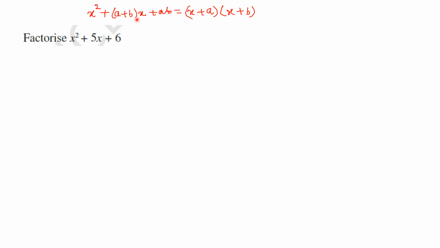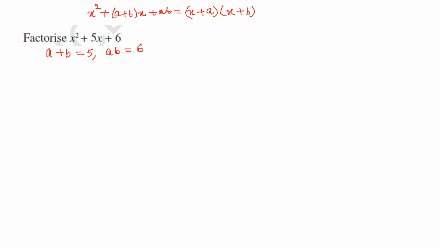So it means a plus b should come as 5 and a into b should come as 6. You have to find two numbers whose sum will give you 5 and whose product will give me 6. So I can see that if I do 3 plus 2, I am going to get 5, and 3 multiplied by 2 will give me 6.